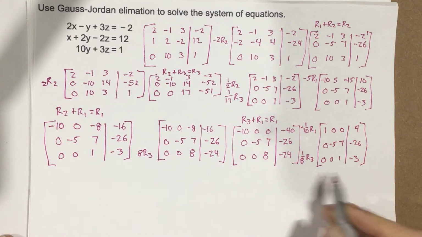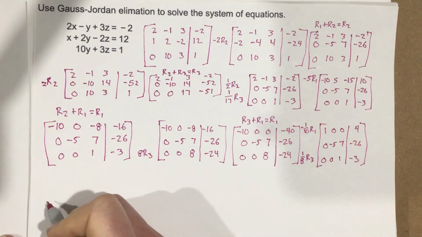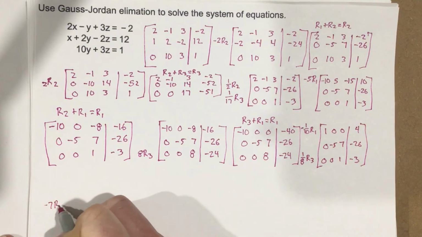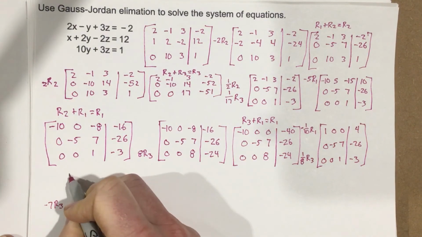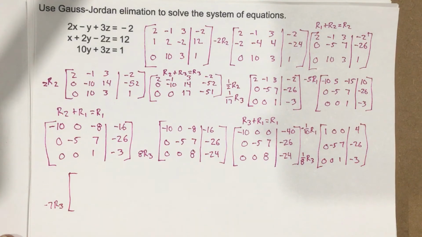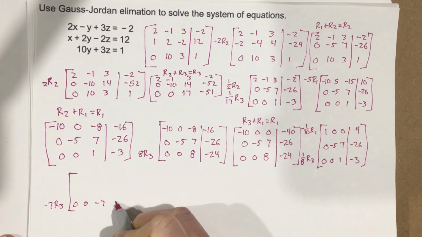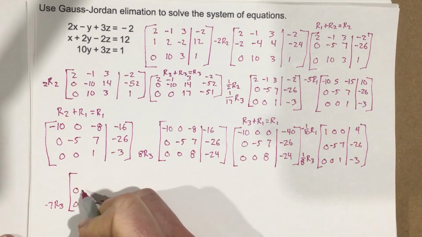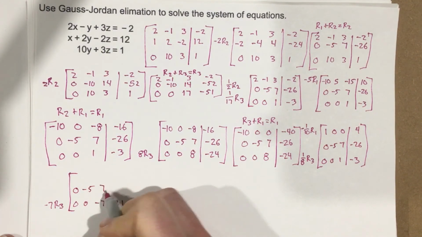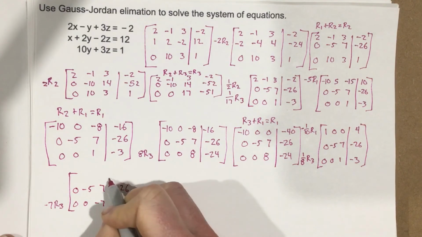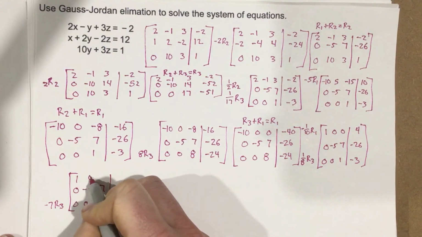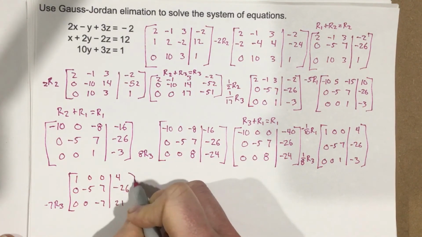Let's multiply the bottom row then by negative 7. So negative 7 R3. And when we do negative 7 R3, we get 0, 0, negative 7, 21. We still have 0, negative 5, 7, negative 26, and 1, 0, 0, 4 for the top.